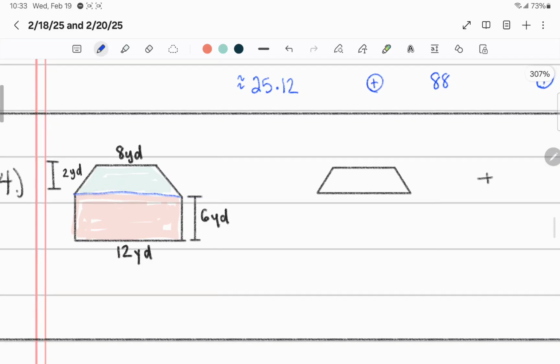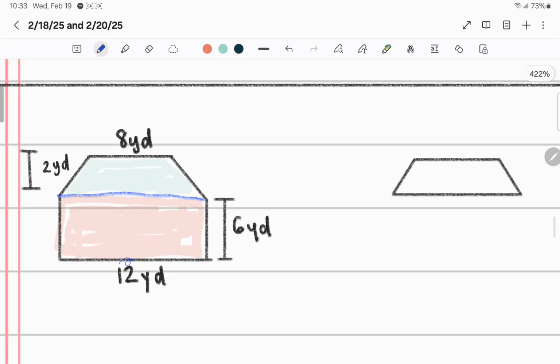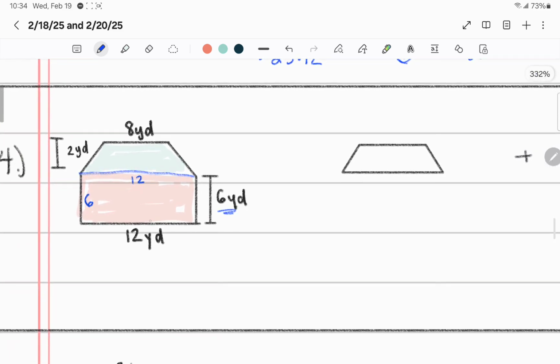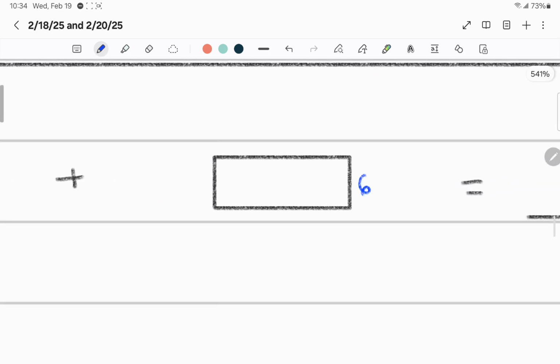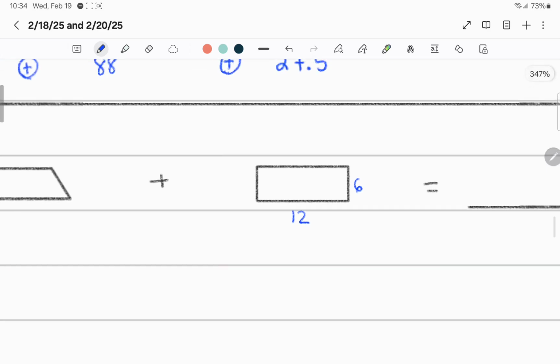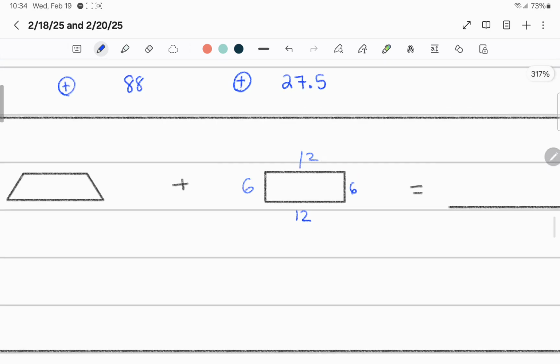For this one, if this down here is 12, this is 12. If this on the side is 6, this is 6. So for my rectangle, we're not going to do both of the 6s, both of the 12s. We just need one 6 and one 12.